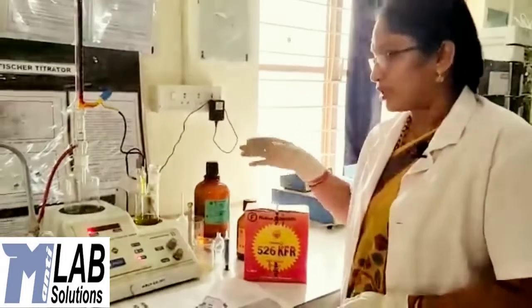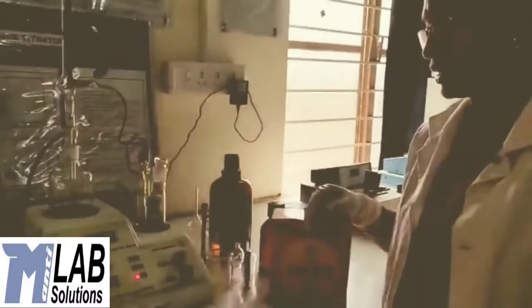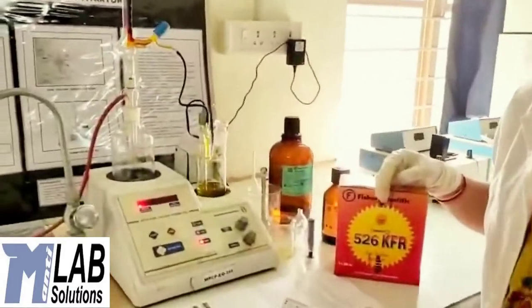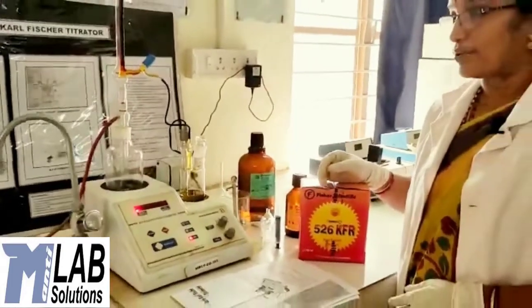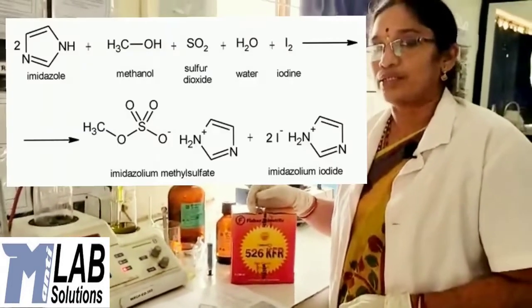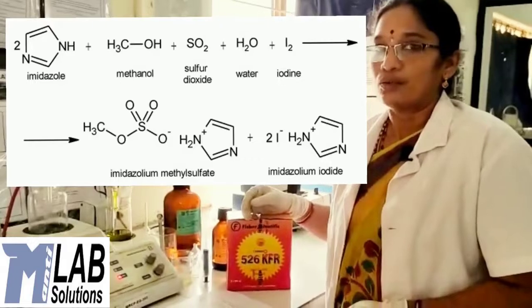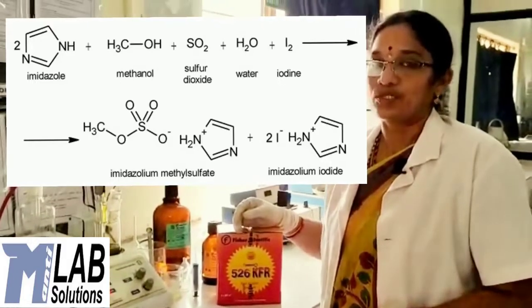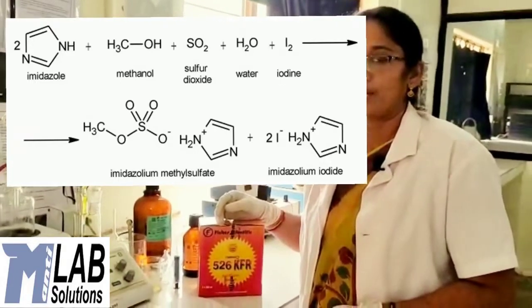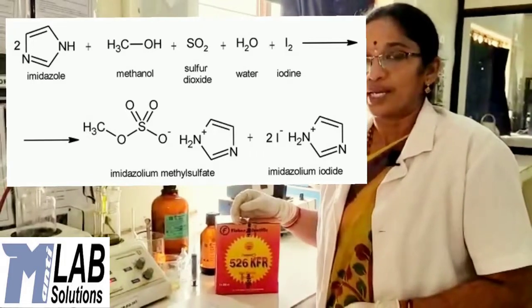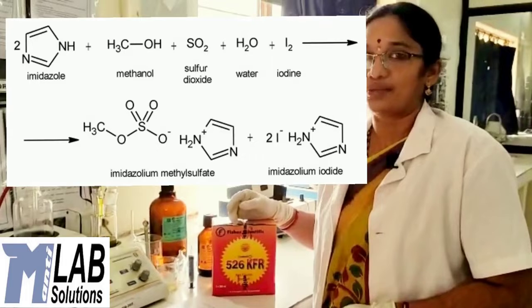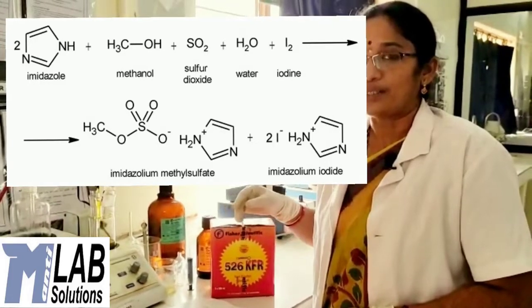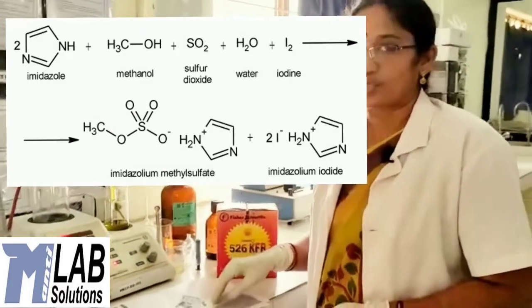And coming to the principle on which the estimation of water content actually takes place: when we start the titration, the iodine that is present in the Karl Fischer reagent reacts with the water content or moisture content that is present in the sample. Towards the end of the titration, the entire water content that is present in the sample gets reacted with iodine, and automatically we get the end point and the titration stops.